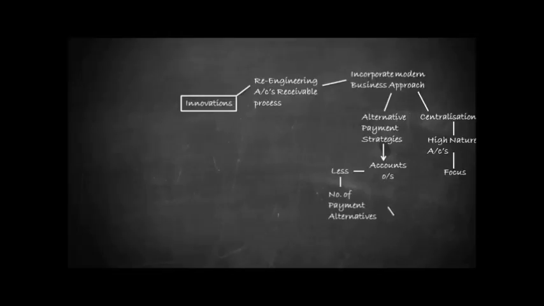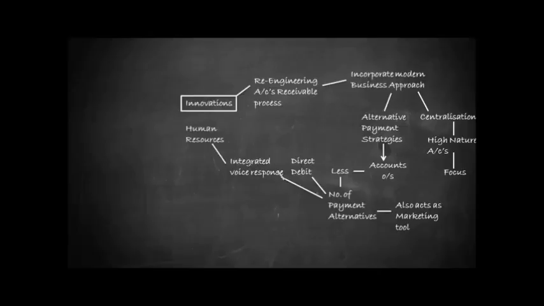So what are the available alternatives for making payments? It's in many numbers, but having a number of payment alternatives itself will act as a marketing tool, and the major payment alternatives available are having a direct debit, also having an integrated voice response, which can be either human resource based or computer based, wherein the payments can be collected through credit card.